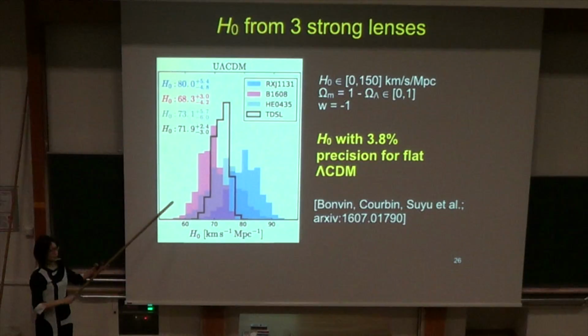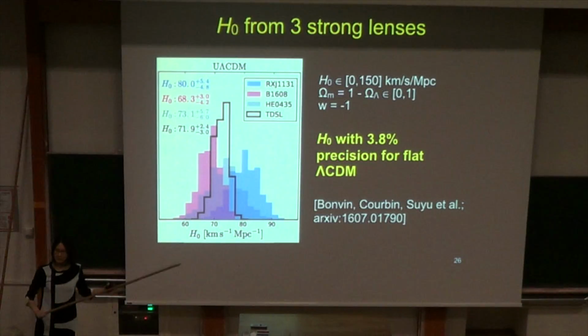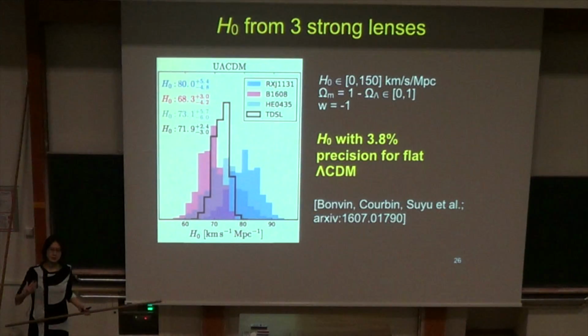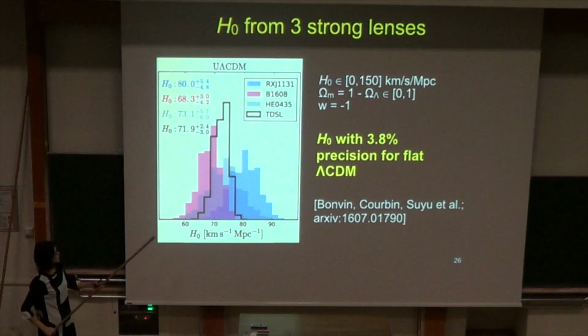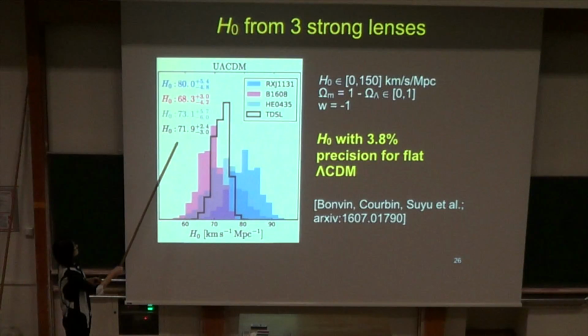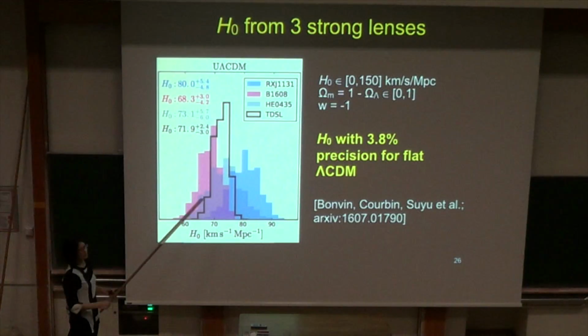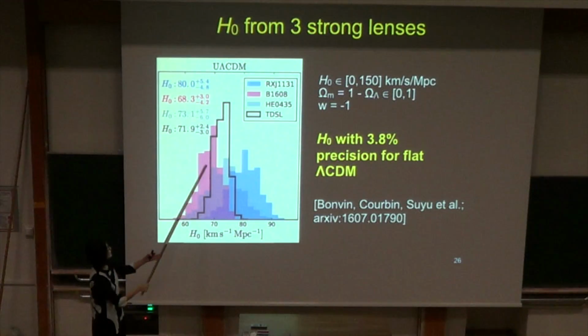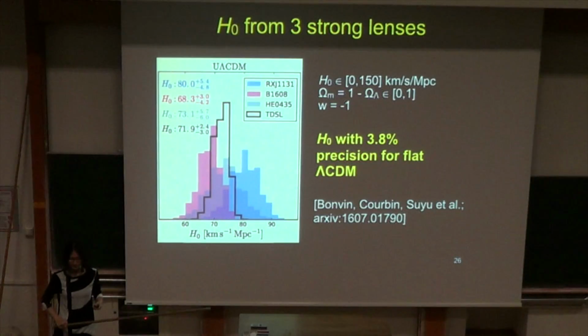And after checking that these 3 lenses are statistically consistent with each other, given their uncertainties, we then proceeded to combine these 3 measurements and obtain an H0 measurement of 71.9 plus 2.4 minus 2.0 from the 3 lenses that we have, and that's given by the black histogram.